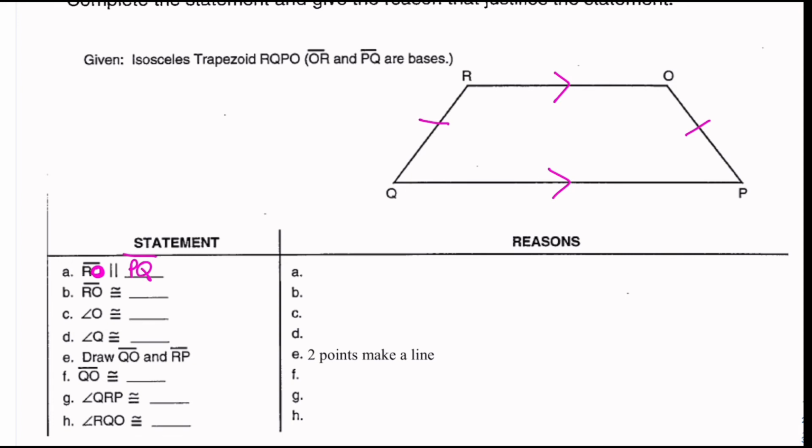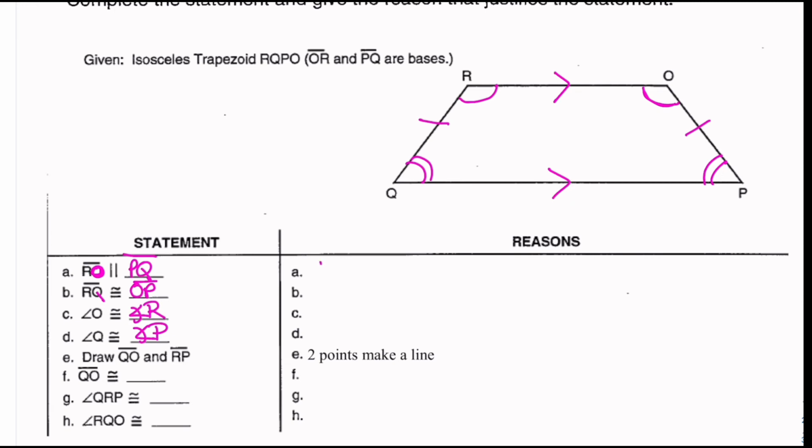Okay, RO is congruent, so this should actually say RQ. I think they have a little typo there. RQ is congruent to OP. We'll fill in the reasons a little bit. Angle O is going to be congruent to angle R in the case of the isosceles, as well as angle Q is going to be congruent to angle P because of the fact that they have these parallel lines involved.